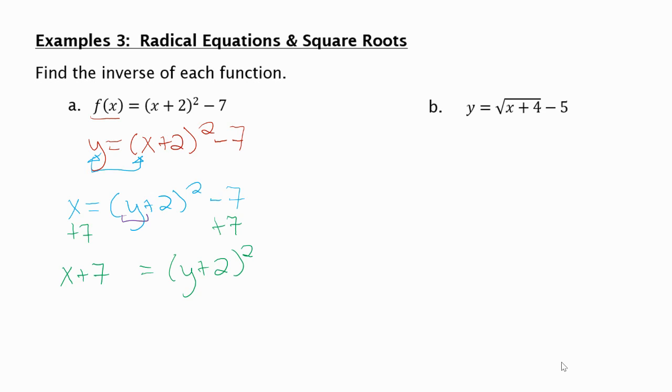Okay. And then we're going to go ahead and square root. Okay. So when we square root it, we get x plus 7 equals y plus 2. And then I'm going to subtract 2 from both sides.